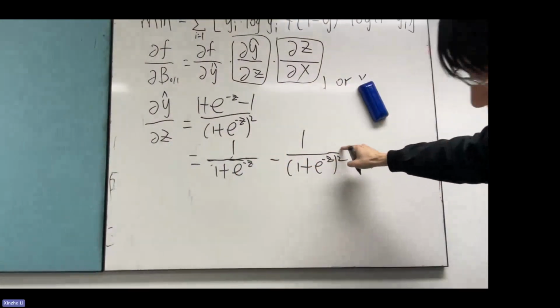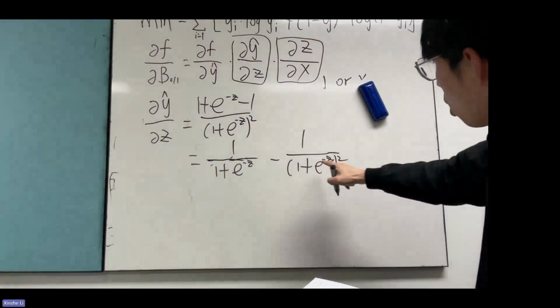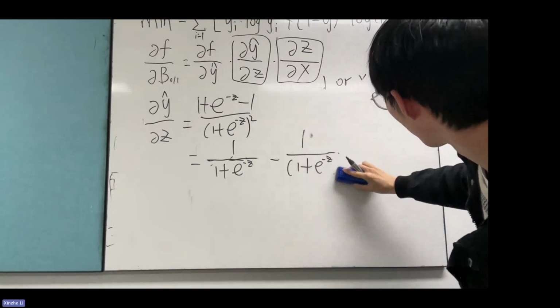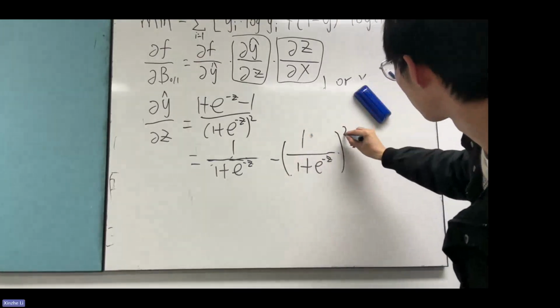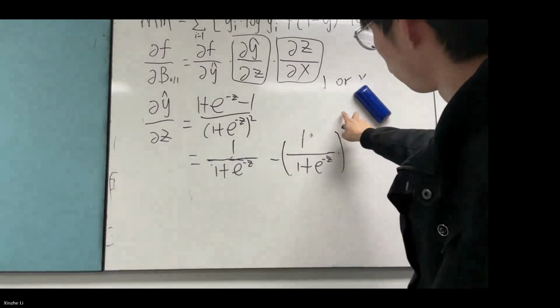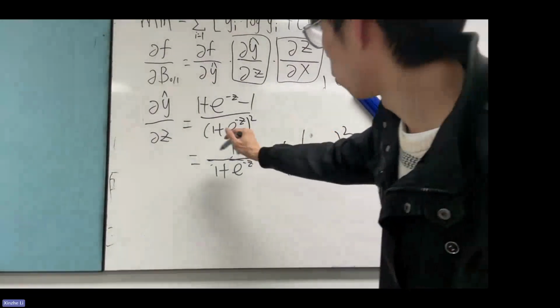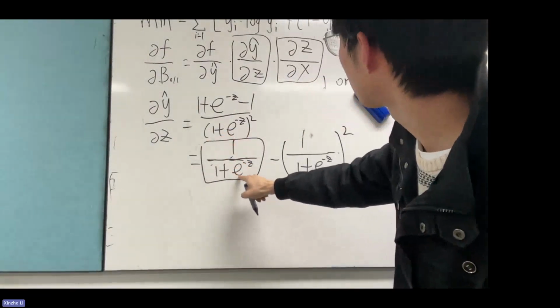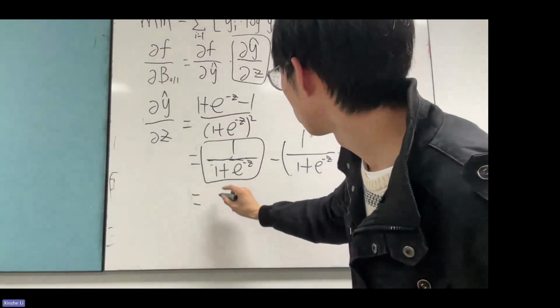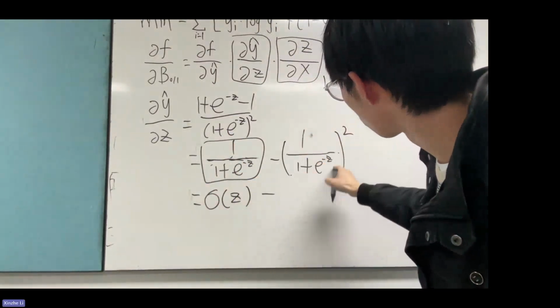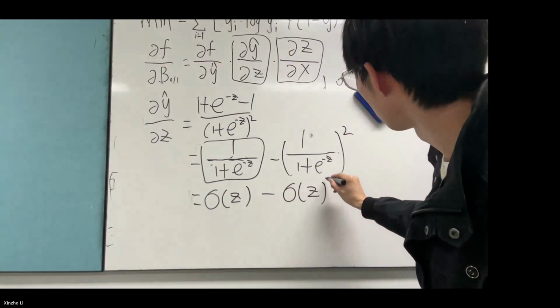For this second term, 1 equals 1 square, so we can put the square on both the denominator and the numerator. All good. So what's this? This is the sigmoid function of z, and this is also the sigmoid function of z.